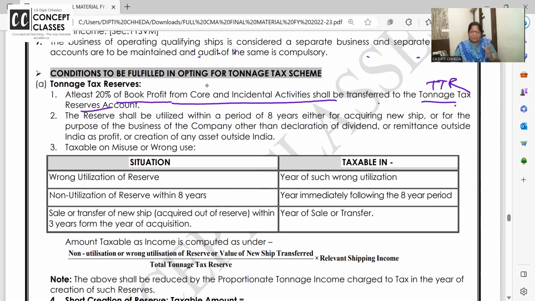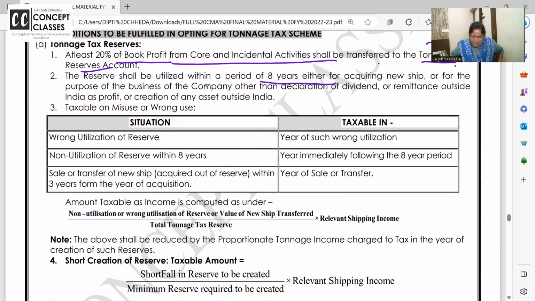We are calculating the profit as per optional, but जो भी हमारा core book profit है उसका 20% tonnage tax reserve में लेके जाना है, and this reserve should be utilized within a period of 8 years for purchasing new ship or for the purpose of business of company other than declaration of dividend or remittance outside India or creation of any asset. जो भी core book profit है shipping company, of that 20% you have to transfer to reserve, and that reserve is to be used within 8 years to purchase new ship.